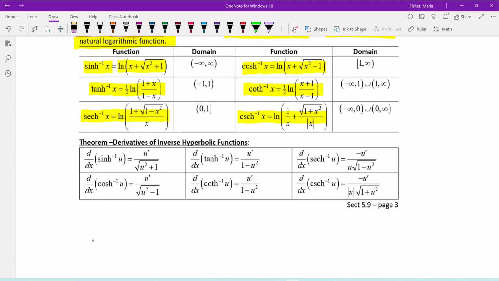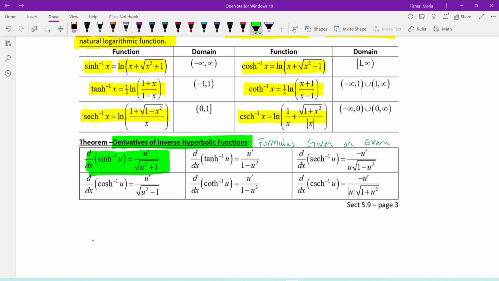What we will be looking at is the derivatives and the integrals of inverse hyperbolic functions. So let's start with the derivatives of inverse hyperbolic functions. On an exam, these formulas will be given. We know that the derivative of the inverse hyperbolic sine of u is equal to u prime over the square root of u squared plus 1.